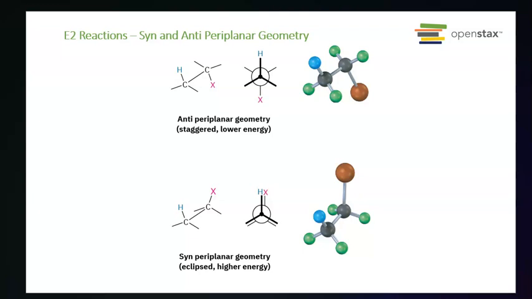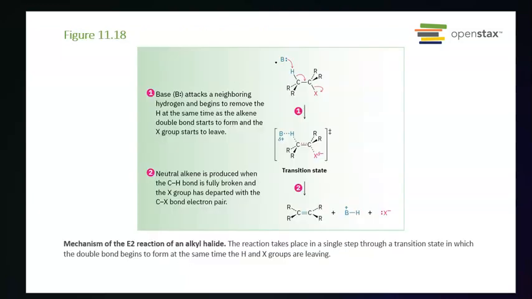To look at the mechanism of this reaction, this is how it happens. The base removes the proton, with formation of the double bond, and again look, this hydrogen is the beta hydrogen. We call this beta elimination, where the hydrogen atom on the carbon atom next to the leaving group is the one that is removed, and then the leaving group is removed at the same time.